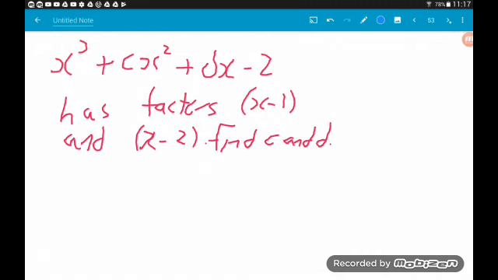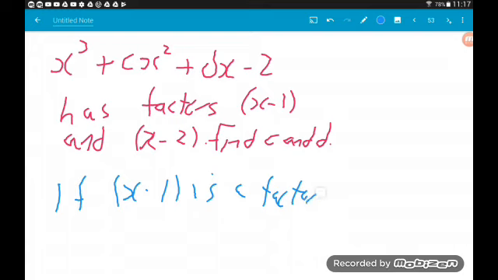Well, we know x minus 1 is a factor. So, if x minus 1 is a factor, then f of 1 is equal to 0.